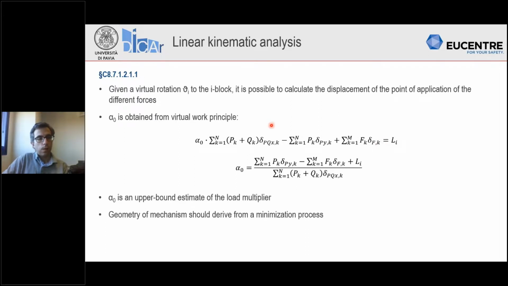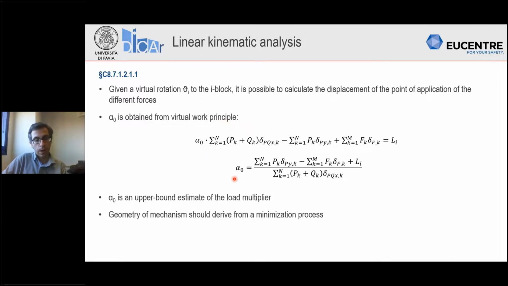Given a virtual rotation to each block, it is possible to calculate the displacement of the point of application of all the different forces, and then alpha 0 is obtained using the virtual work principle, or also considerations based on equilibrium, at least for simple mechanisms.